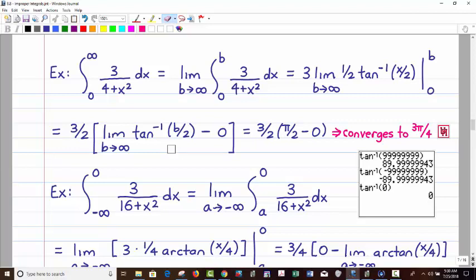Well, anyway, long story short, tan inverse of infinity, as you're approaching infinity, is actually approaching 90 degrees, which in radian form, of course, is pi over 2. So the tan inverse of infinity has an answer, and it's pi over 2. Now, let's say you forgot that and go, I remember that tan inverse of infinity equaled something, but I couldn't remember what it was. Well, you can use your calculator.